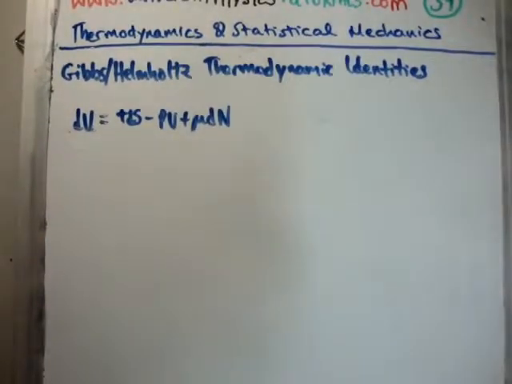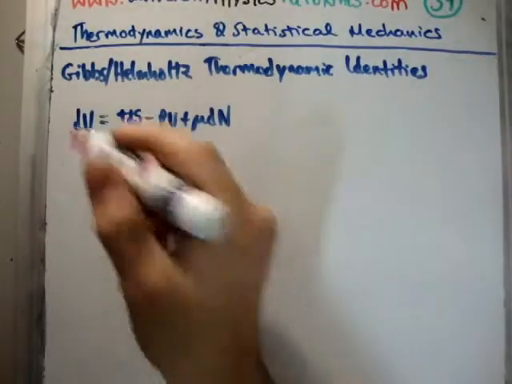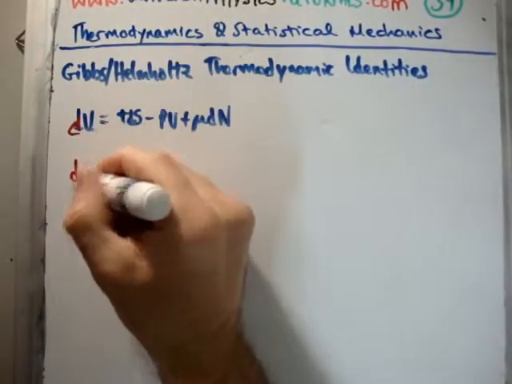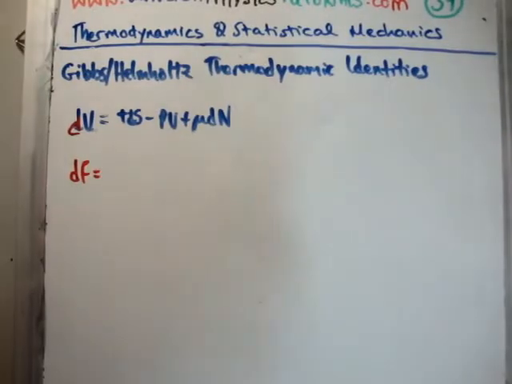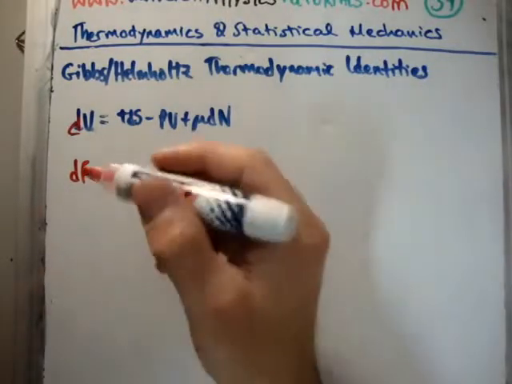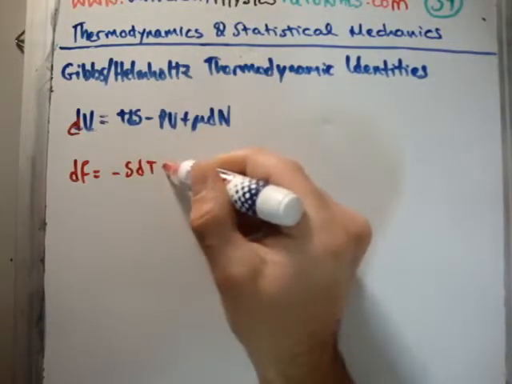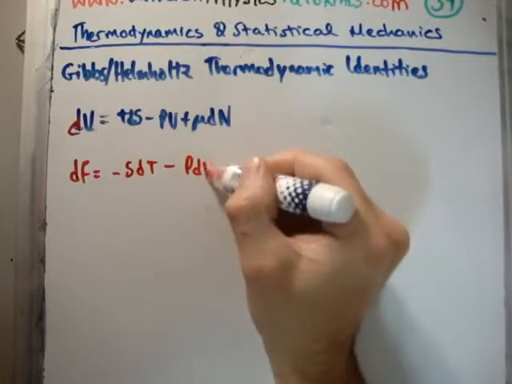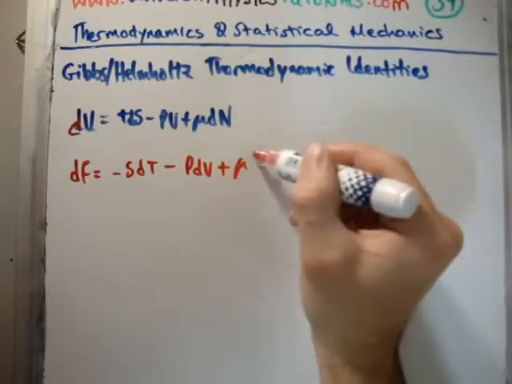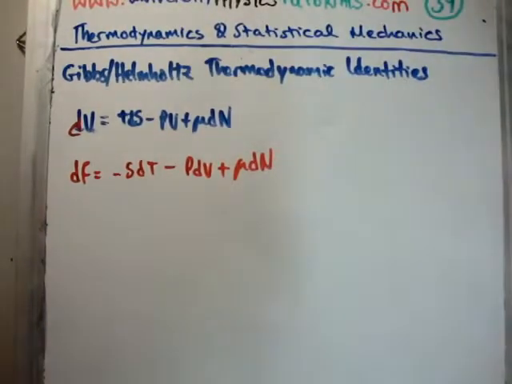Now, one last thing to show you. Let's first of all write down dF. The reason these are so useful is that, like I said, physicists would prefer to use the Helmholtz free energy, which is at constant temperature, because it gives the extra degree of freedom with pressure. So dF, as we said a moment ago, was minus S dT minus P dV plus mu dN. Now let's look at the partial derivatives.